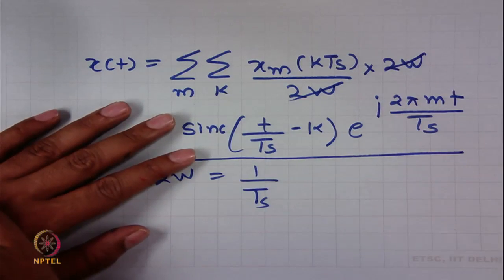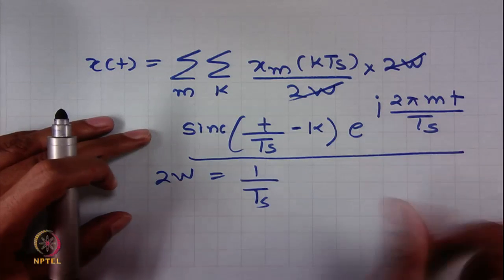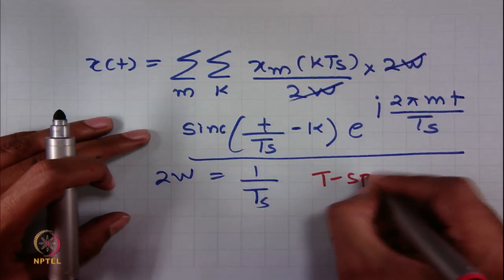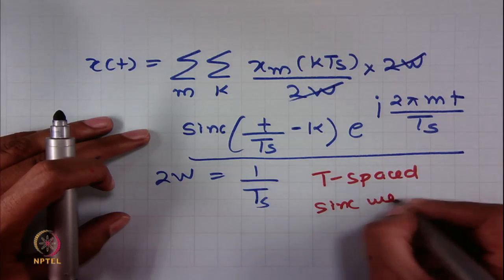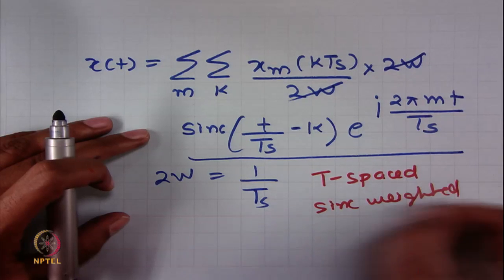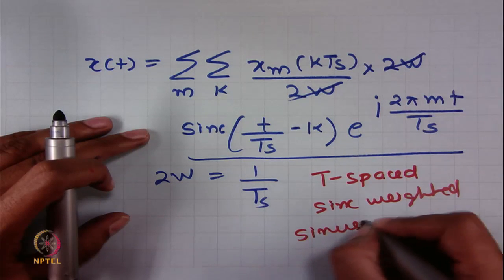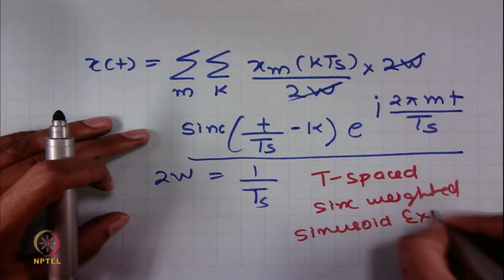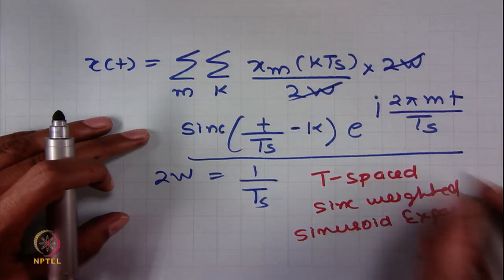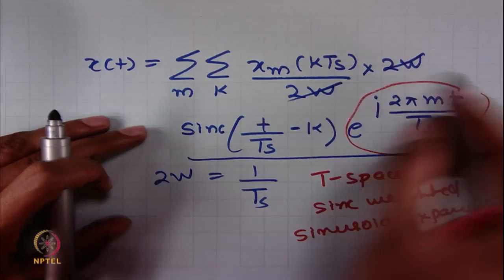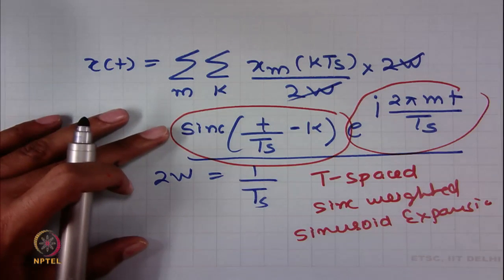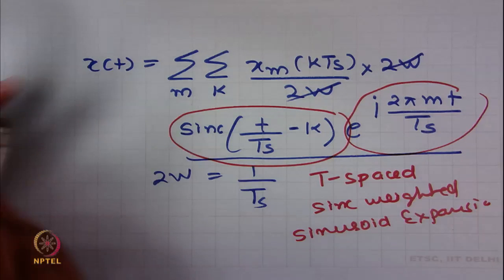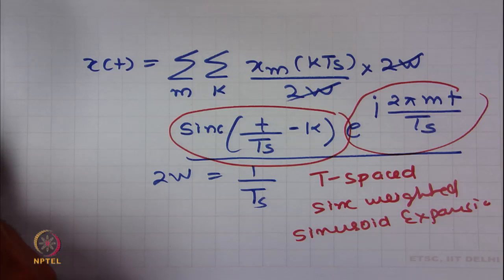This goes in the literature by the name of T spaced sinc weighted sinusoid expansion. These sinusoids are weighted by these sincs, and these sincs are T spaced sincs, and hence the name T spaced sinc weighted sinusoid expansion.